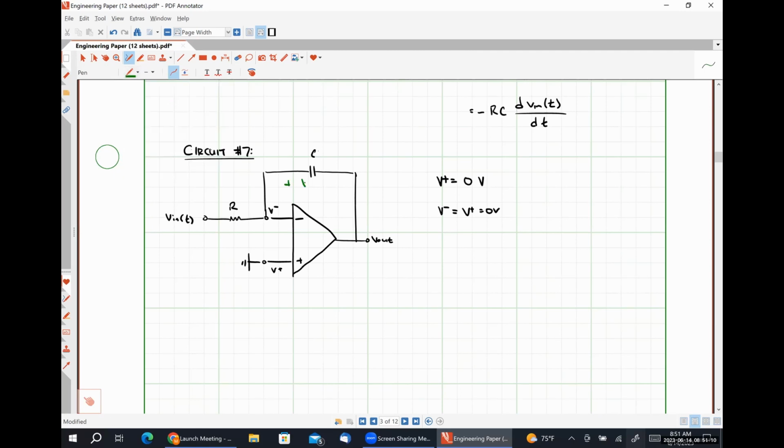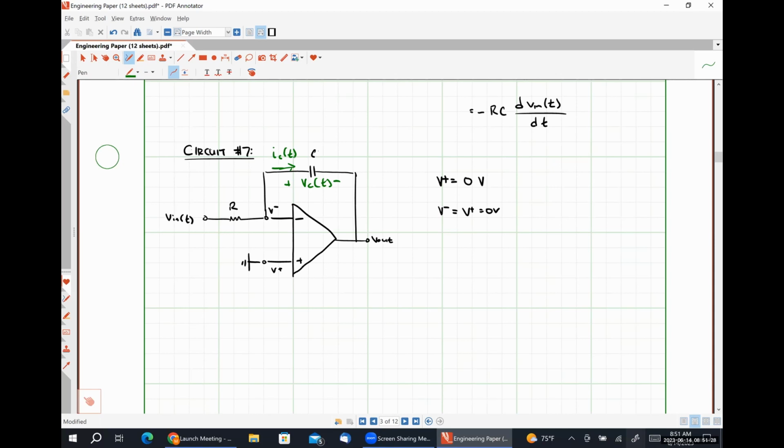Oh, sorry, really quickly here. Let's define our capacitor voltage having this polarity and our capacitor current having this direction.